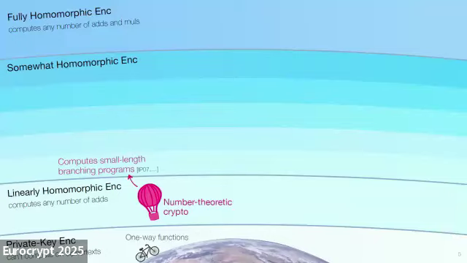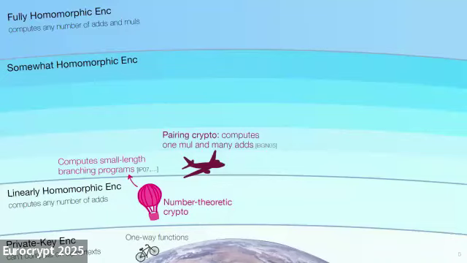Okay, so what do we have? Well, one-way functions give us private key encryption, and a whole suite of number theoretic assumptions give us linearly homomorphic encryption. What's more, it turns out these schemes can also be boosted to compute some nonlinear functions, so to compute certain branching programs on encrypted data. Then in 2005, we learned that using cryptographic pairings, we can evaluate degree 2 polynomials.